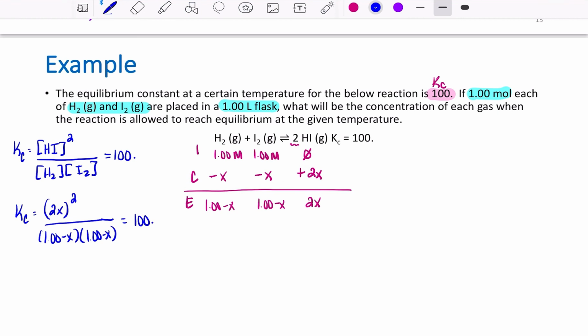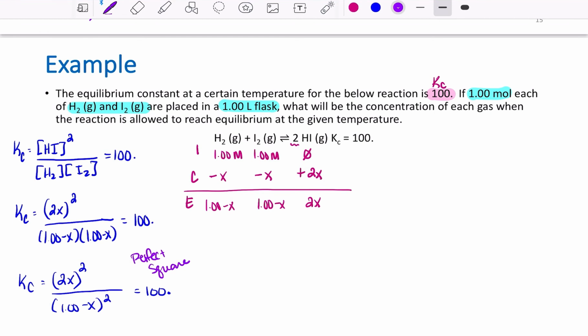I'm going to simplify the way this is written slightly. And hopefully you recognize at this point that this is a perfect square, which makes my life easier because now I don't have to remember the quadratic equation.